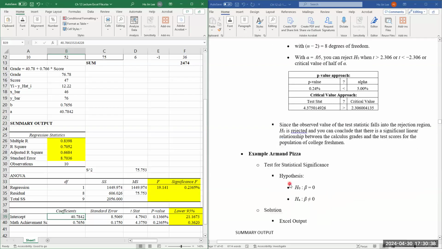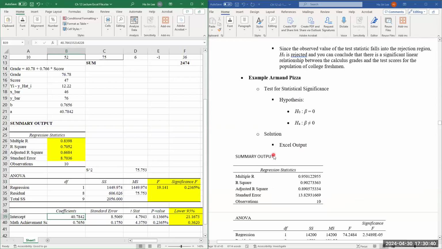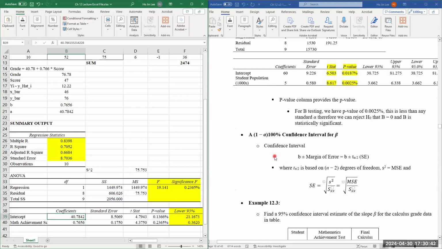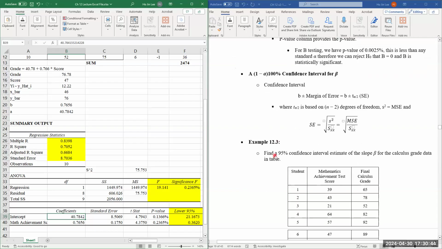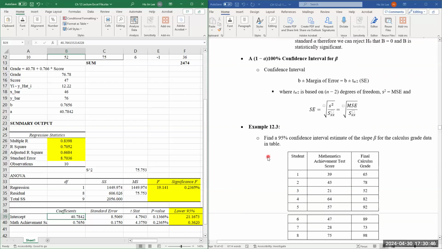This is what we just did. This is the example with the pizza. Confidence interval: yes, we could create a confidence interval of our estimate of beta, which is the point estimate plus or minus the margin of error. The point estimate is just b, which is right here.